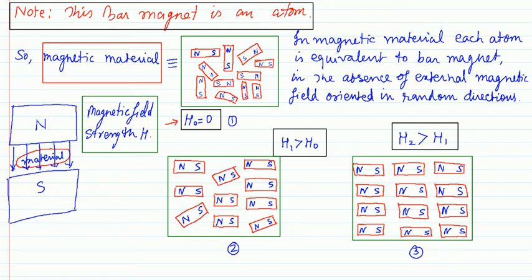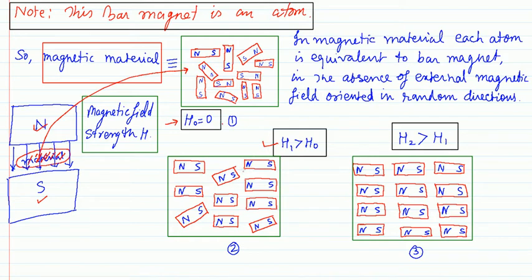You can see here the north pole and south pole of the external magnet. In between, a magnetic material is placed, and that magnetic material gives the picture in terms of bar magnets like this one. Now we apply an external magnetic field, that is H1. H1 is the magnetic field intensity, which is larger compared to the earlier case where it was 0.